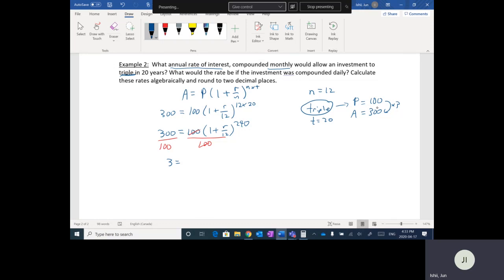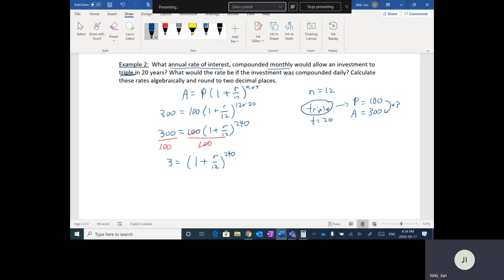If you imagine using different numbers, as long as the final value is 3 times as much as the principal, in our first step we divide by that principal and we will always get a 3 here, no matter what two values you chose for A and P. All right, so 1 plus r over 12, to the 240th power.